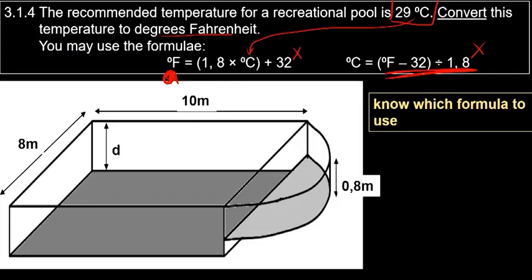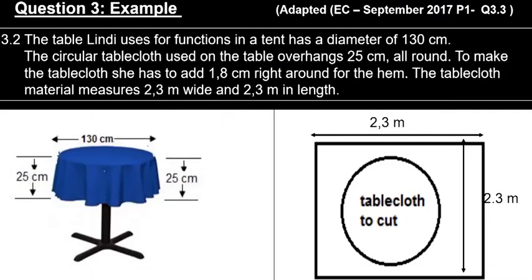Right, so what about this one? This is Lindy here. She has functions that she hosts, but then now it says that the table Lindy uses for functions in a tent has a diameter of 130 centimeters. The circular tablecloth used on the table overhangs 25 centimeters.